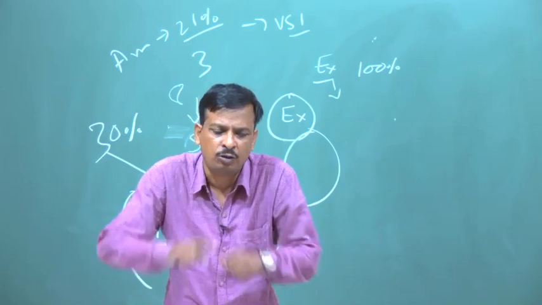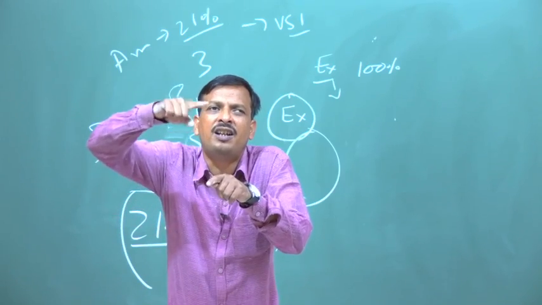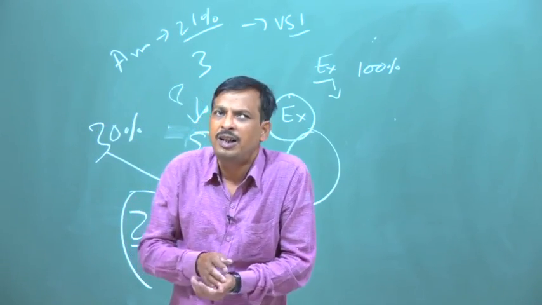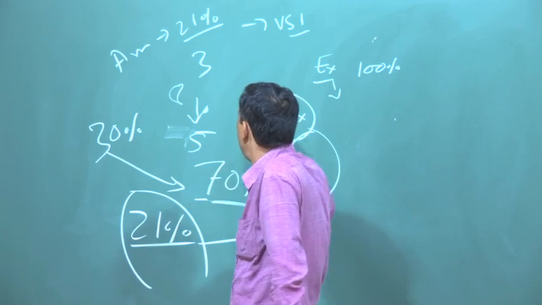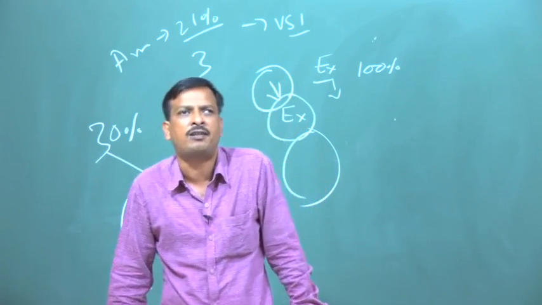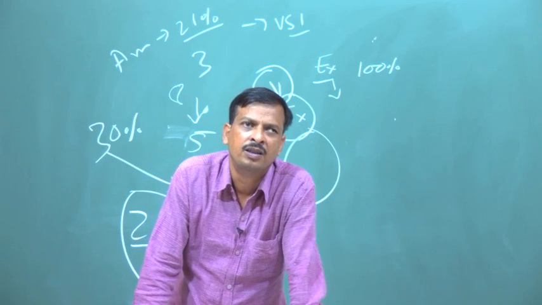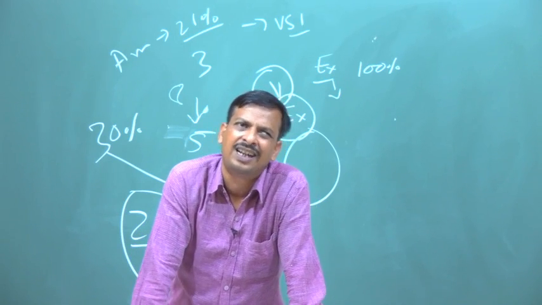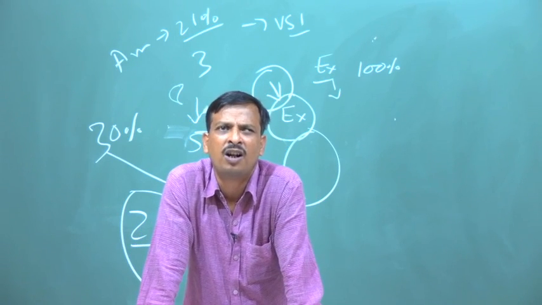So, the subjects which are prerequisites are interlinked. If my grade, or my assessment and evaluation system, is not perfect, then what will happen? The student will get marks, but not develop skill.